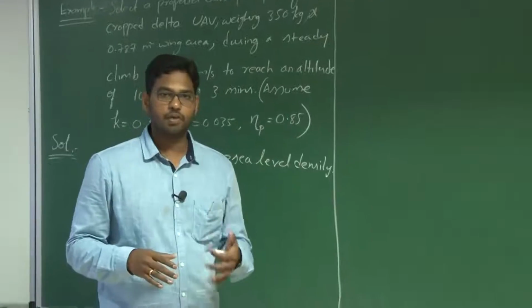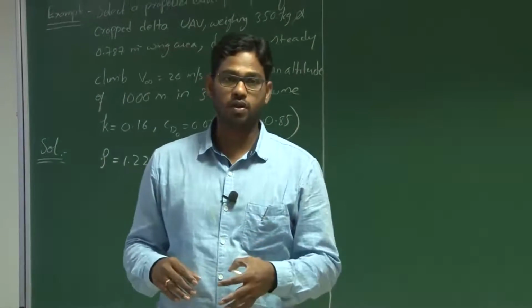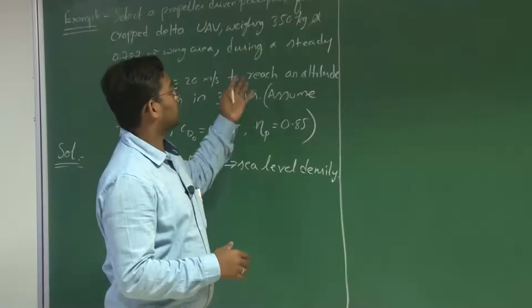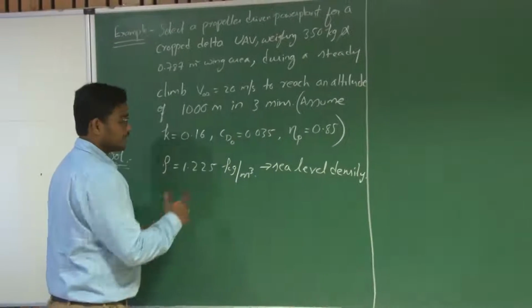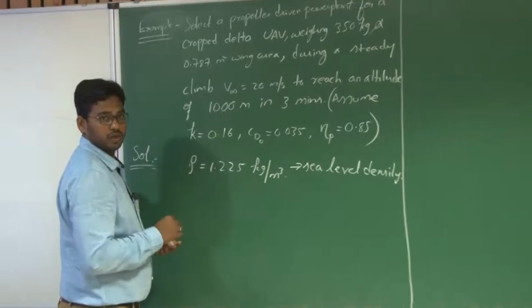Now, when you select a power plant, you need to select based upon the maximum requirement. Let us see which of these is going to have the maximum requirement, either at sea level or at 1 kilometer altitude.